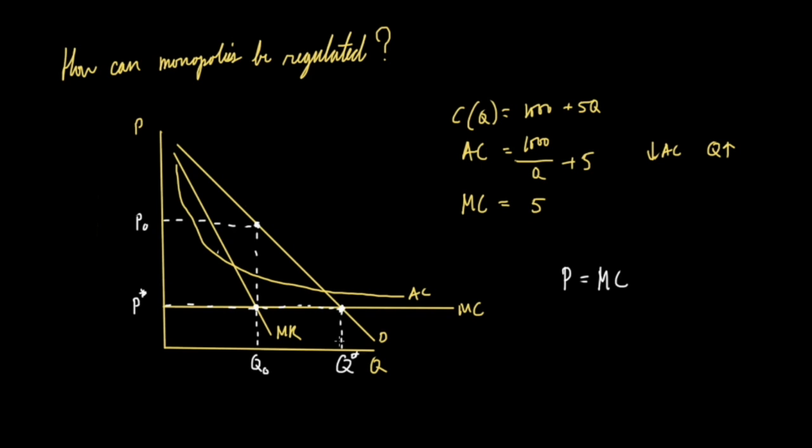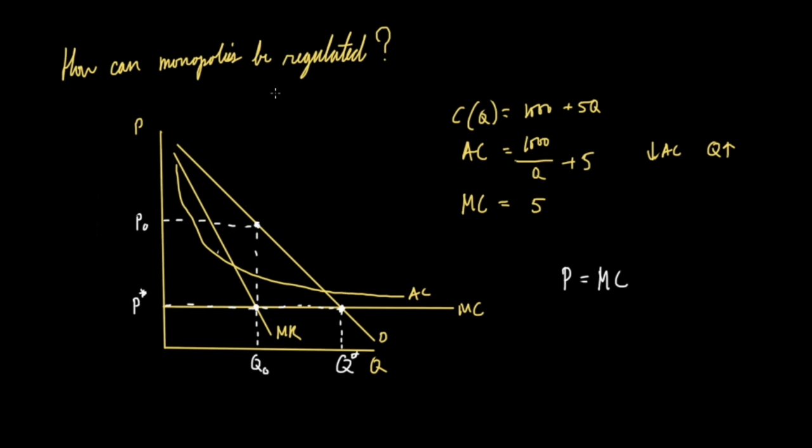And because of this price ceiling, where the government forces this monopolist to charge a very low price, the monopolist would actually choose to shut down and not produce anymore. This actually implies that the government has to subsidize the firm, so the government has to pay the firm for the losses that it incurs.